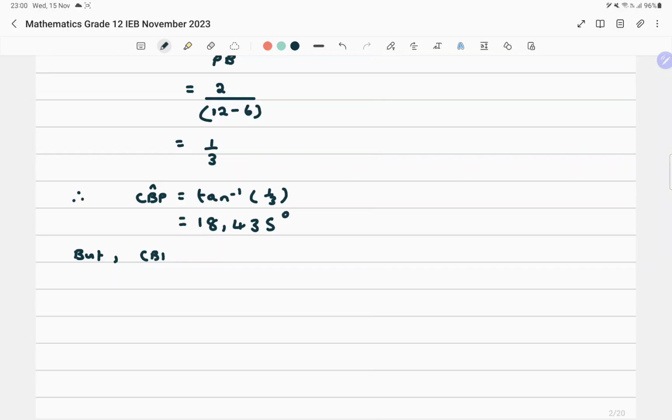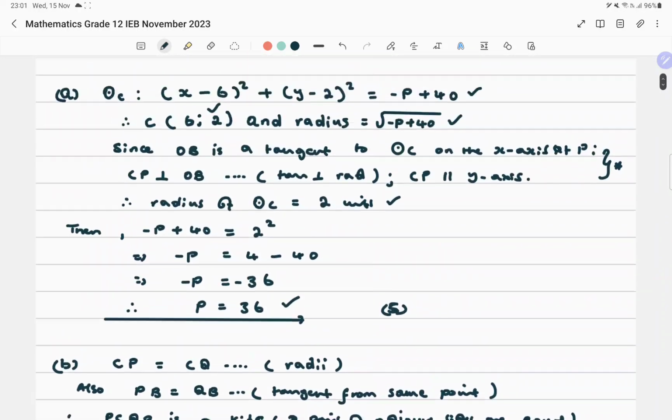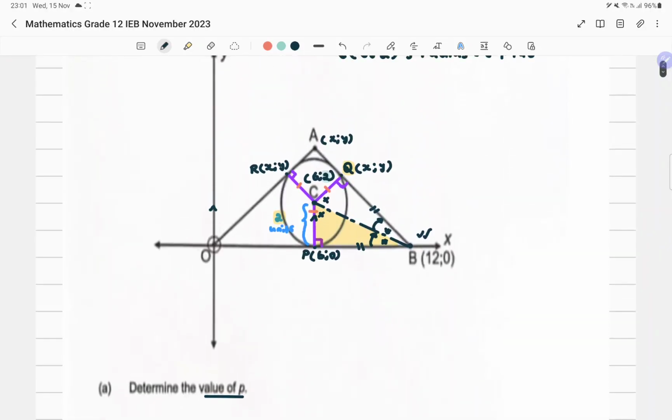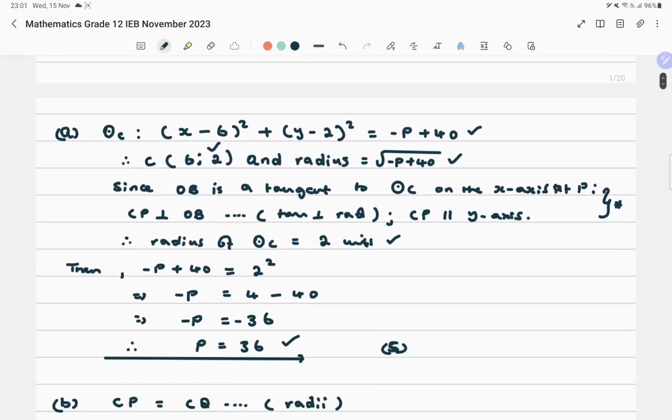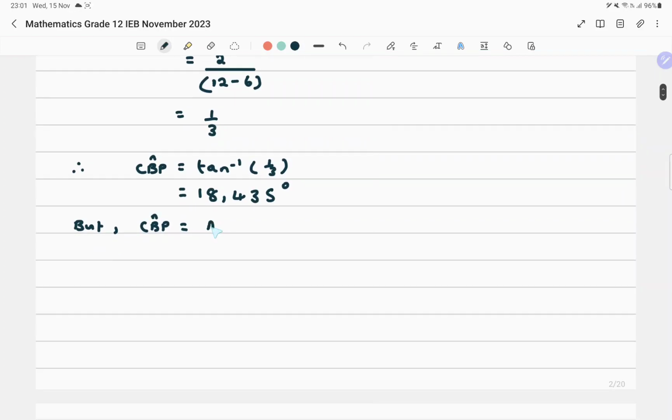we know that CBP is equal to ABC. Why? You can just say the longer diagonal, these are corollaries: the longer diagonal of a kite bisects the opposite angles.